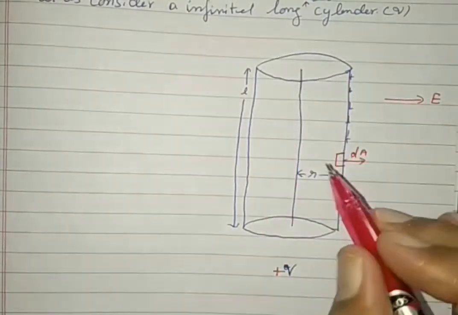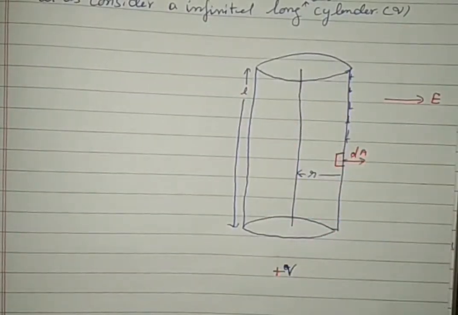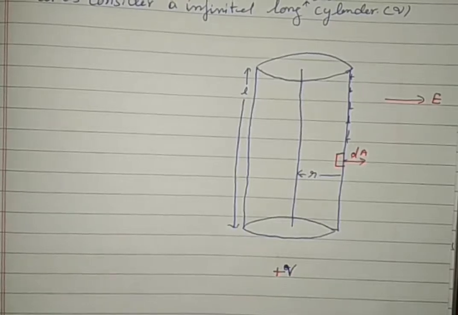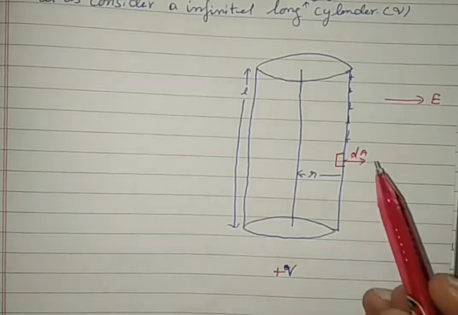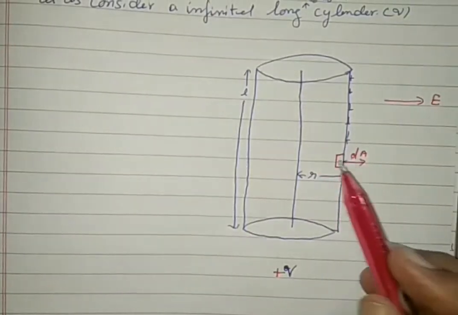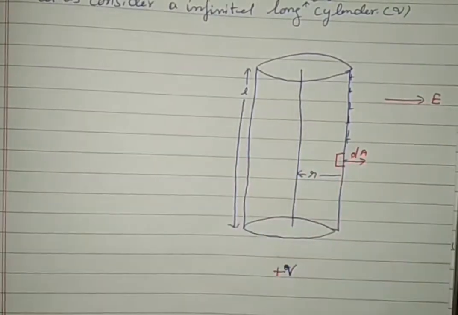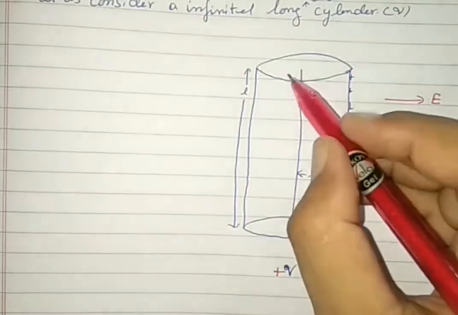Now let us consider the Gaussian surface for this cylinder. Here we are considering two Gaussian surfaces, one inside the cylinder and one outside the cylinder.